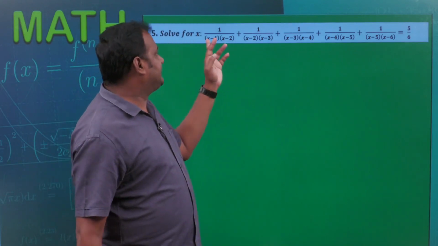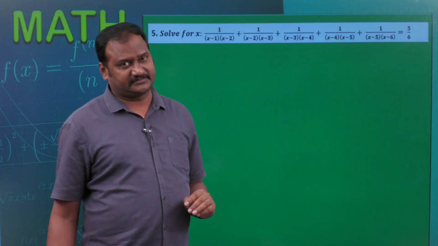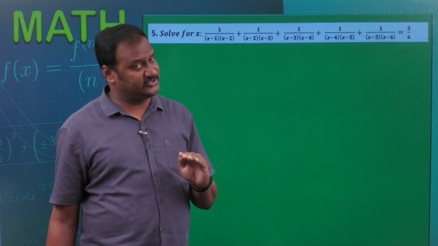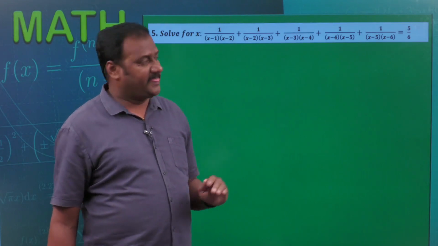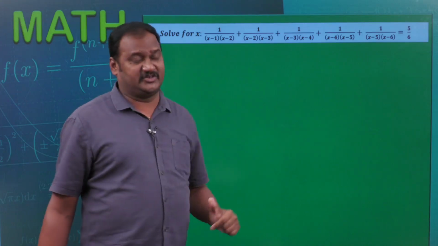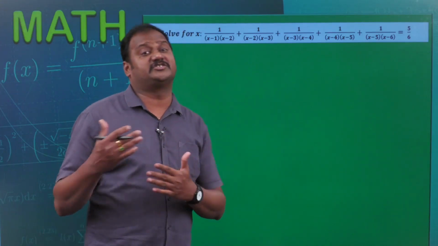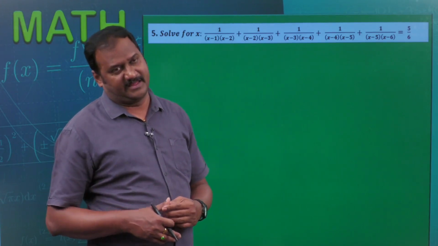Observe here, x minus 1 into x minus 2. For any value of x belonging to the natural numbers, x minus 1 into x minus 2 is the product of two consecutive integers.